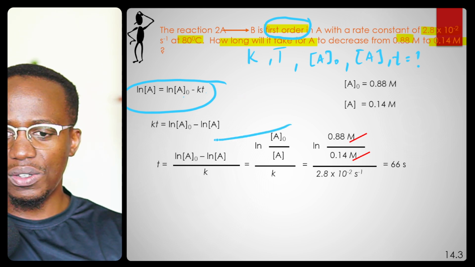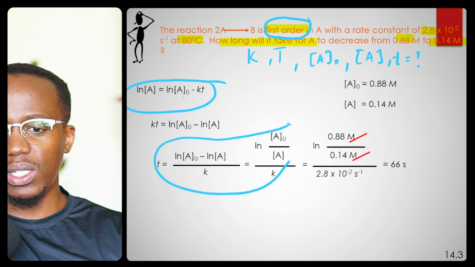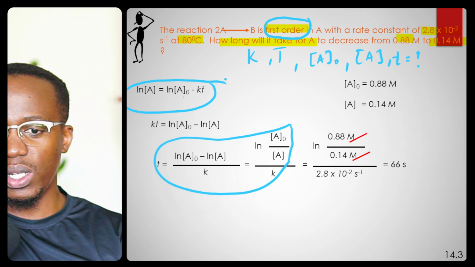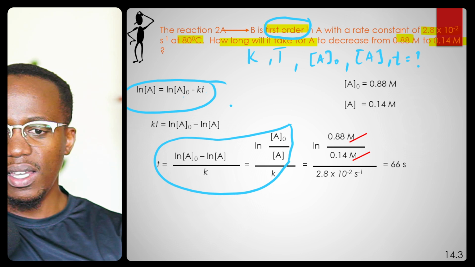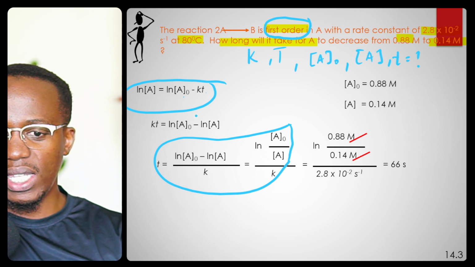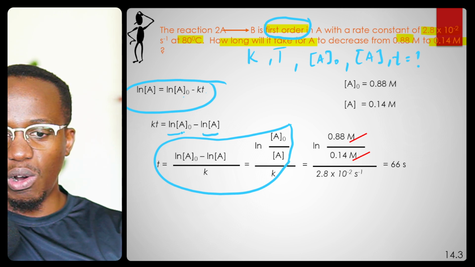I would not solve it this way, guys. I would just plug in the numbers first. You already have K. kt is equal to ln of A0 minus ln of A. So I would add all of the numbers.